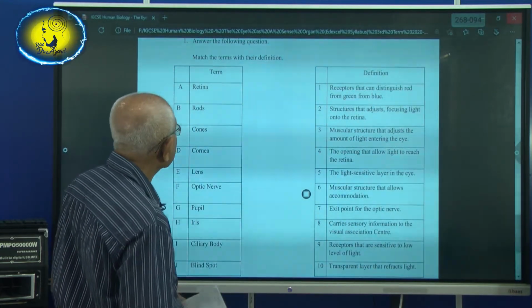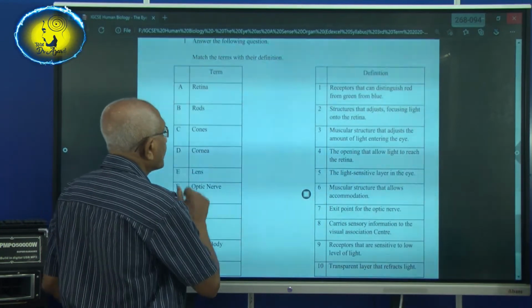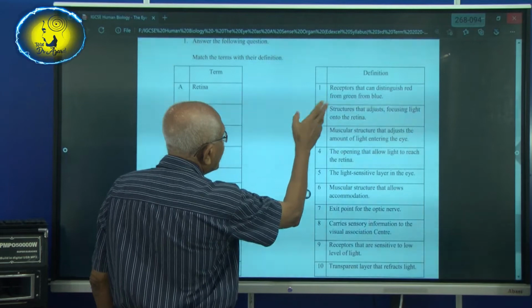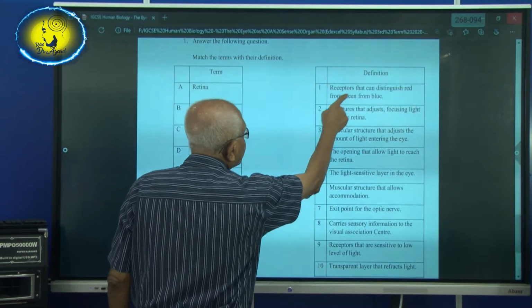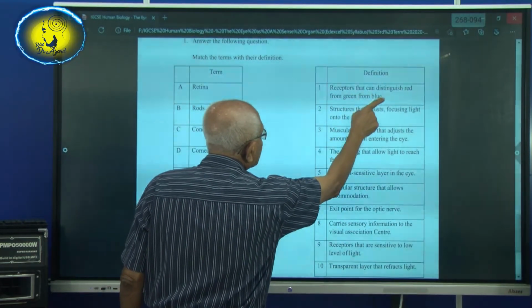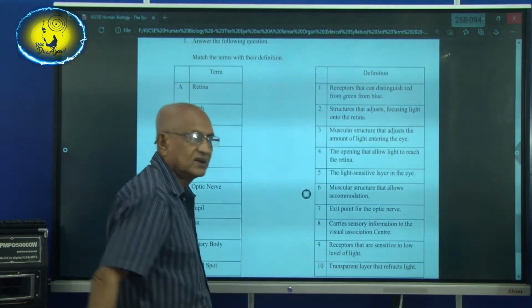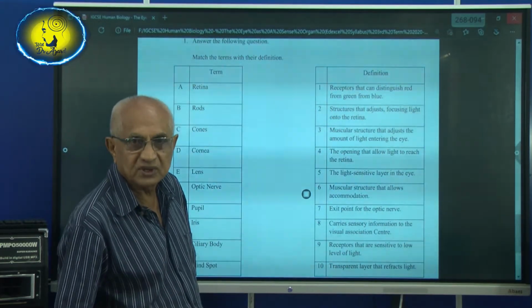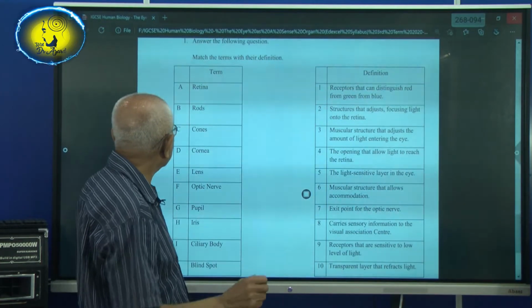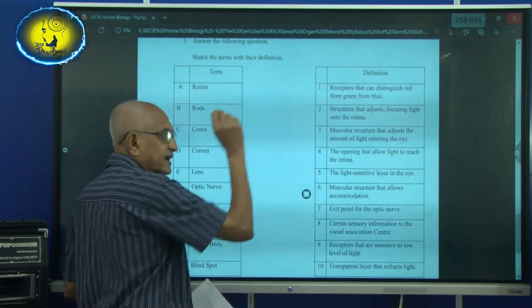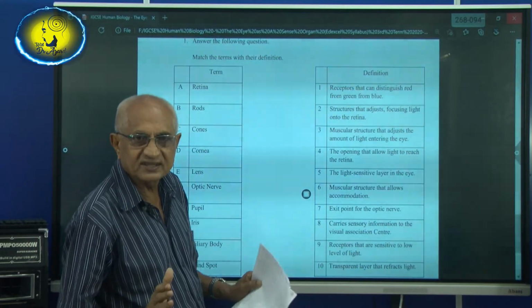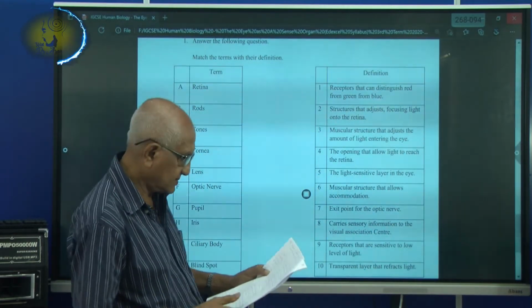What are cones? What is the best matching definition? Receptors that can distinguish red from green and from blue. So those are the cones in your retina which match the colors.